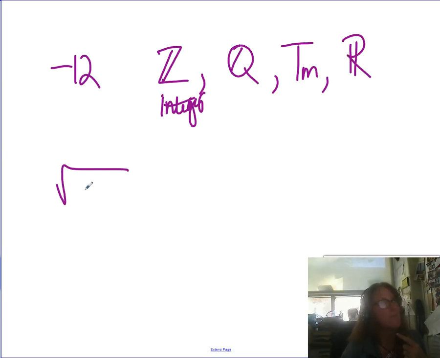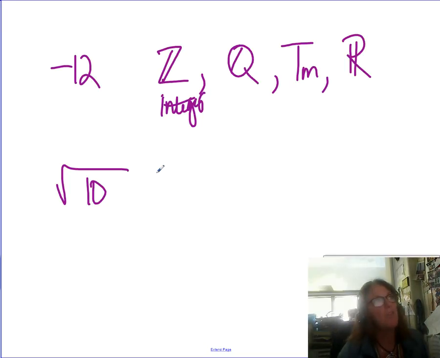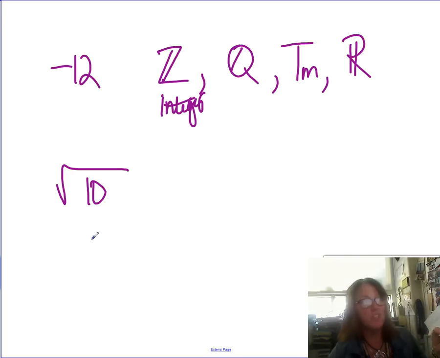Last one, square root of 10. The square root of 10. The square root of 9 is exactly 3. So this is going to end up being some weird decimal that's probably like 3.1, blah, blah, blah, blah, blah. Goes on forever. So natural, no. Whole, no. Integer, no. Rational, can you write this as a fraction that would stop as a decimal or repeat as a decimal?